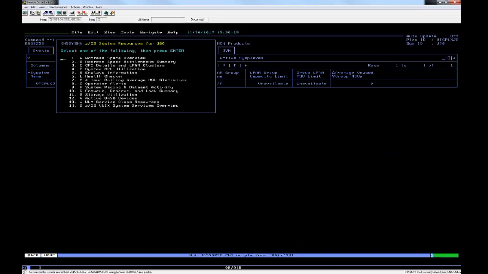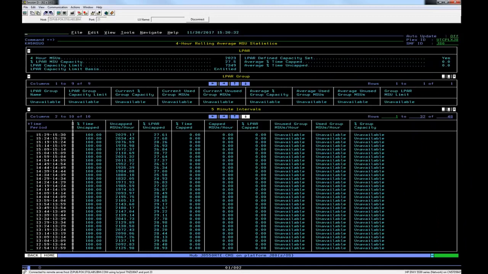Looking again at the LPAR, we have extensive reporting on 4-hour rolling average MSU statistics. This is option 7. So this relates to defining LPAR group capacity, or actually capacity at the system level. So a group of LPARs or a single LPAR. In this particular case, we're not running an LPAR group, but if we were, we would have extensive metrics here on how the LPAR group, what its limit is, the percentage of capacity that's currently used, the MSUs that are used.